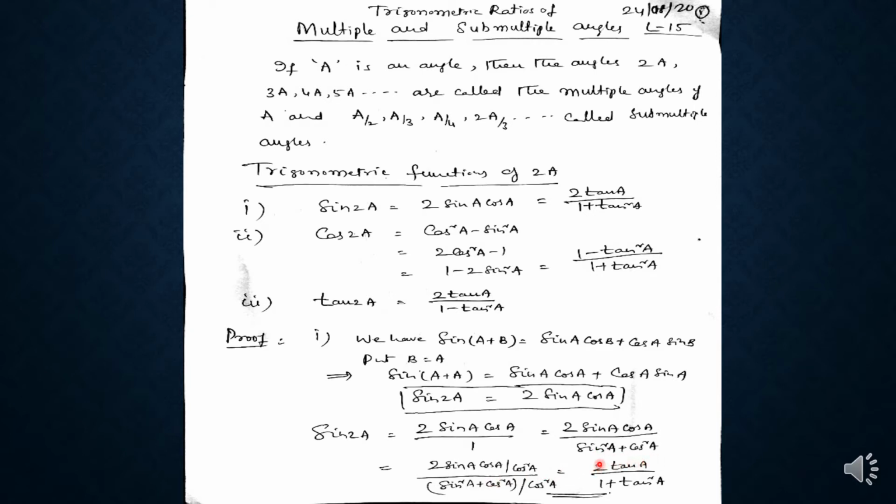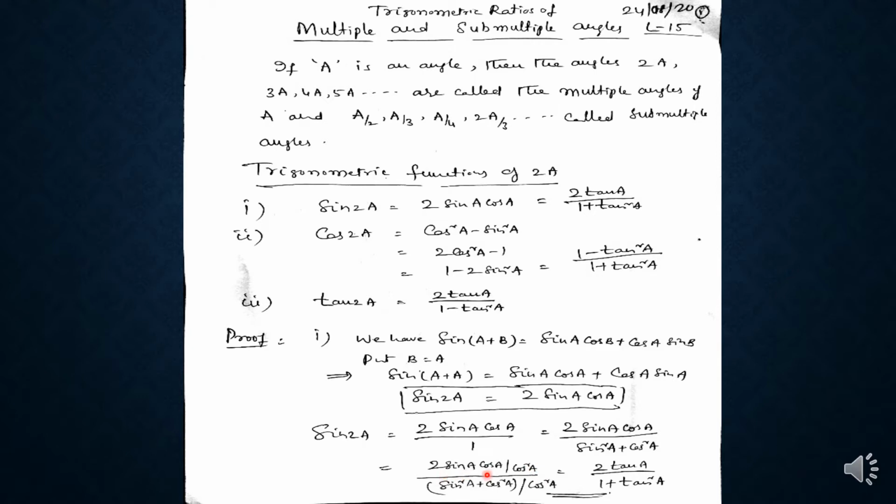Now divide the numerator and denominator by cos square A. Then we will get 2 sin A into cos A by cos square A, divided by sin square A by cos square A plus cos square A by cos square A. See here in the numerator, cos A gets cancelled.